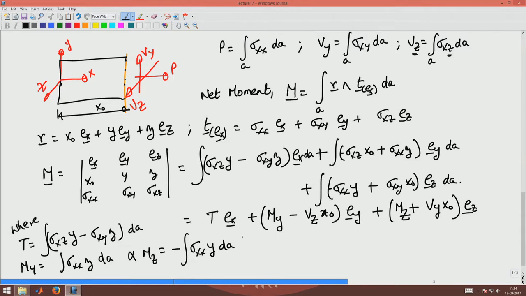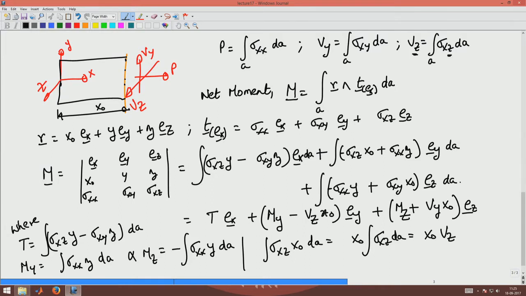So, since x naught is a constant, integral sigma xz x naught dA can be written as x naught into integral sigma xz dA, which will be x naught into Vz.